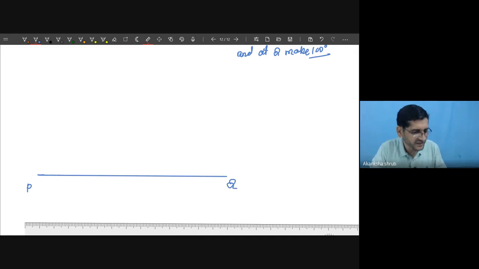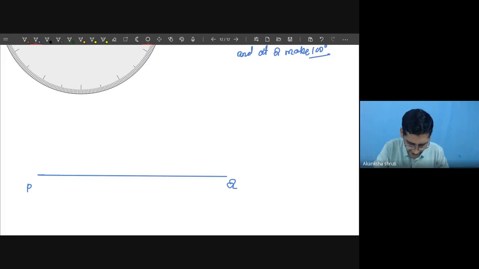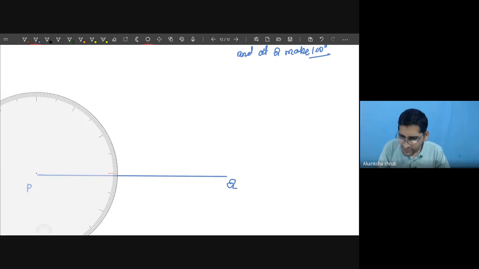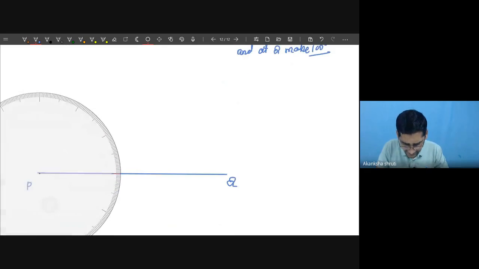Let me take the protractor. Okay, student, place it at the center at P and draw it. I'm taking the digital protractor. Here we have to make how much angle, student? At P, 40 degree. So align it for 40 degree.